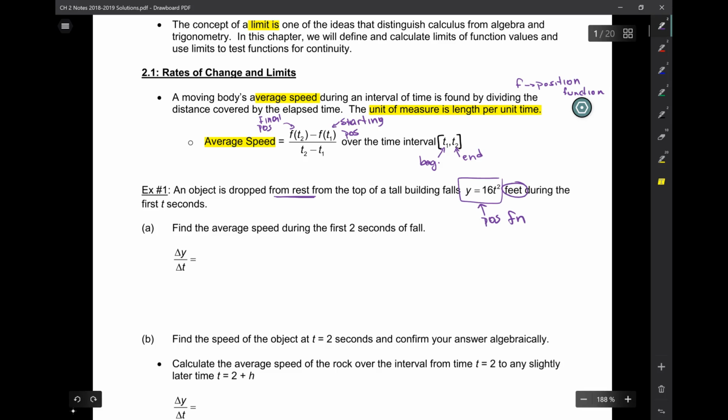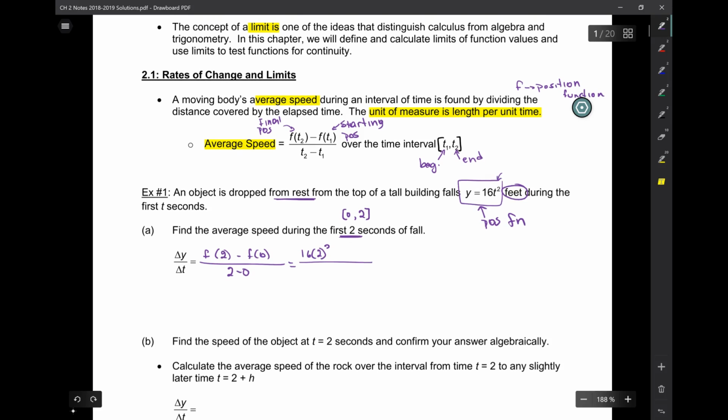So the first 2 seconds means t goes from 0 to 2. So now I want f of 2 minus f of 0 over 2 minus 0. Okay, so f of 2 is 16 times 2 squared. So I take the 2 and I put it into t right there, minus 16 times 0 squared, all over 2.